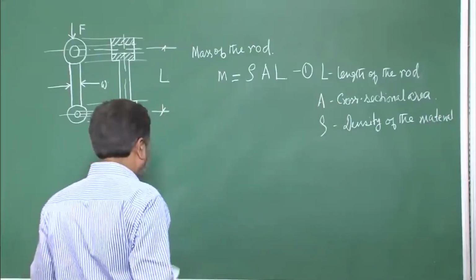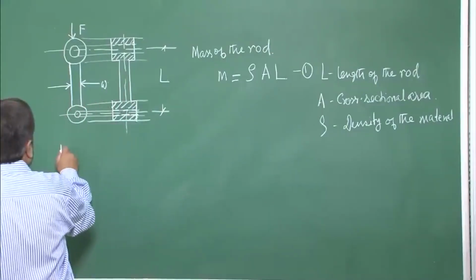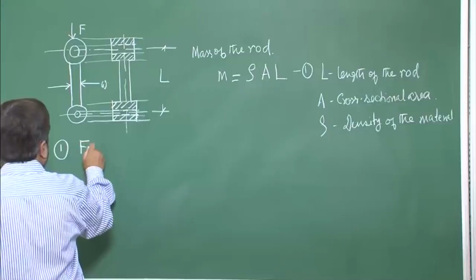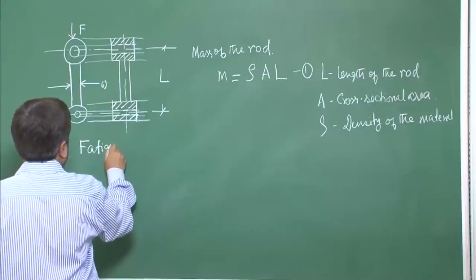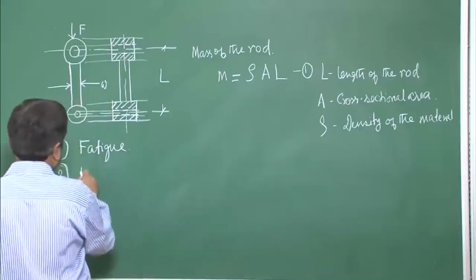Now, we have two constraints in this case. What are the two constraints? Number one is fatigue, and number two is buckling.